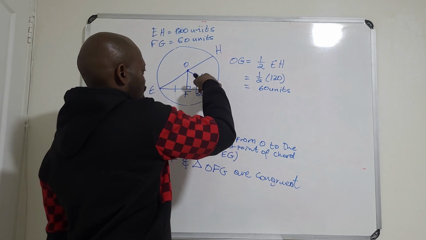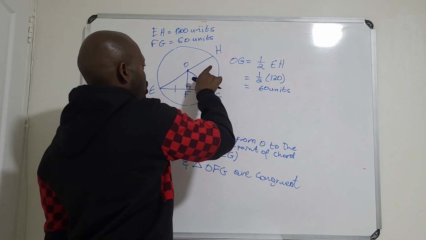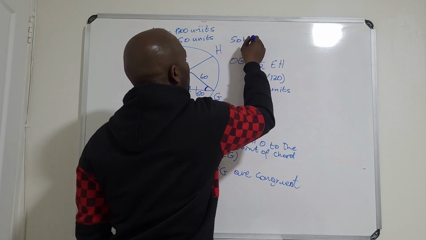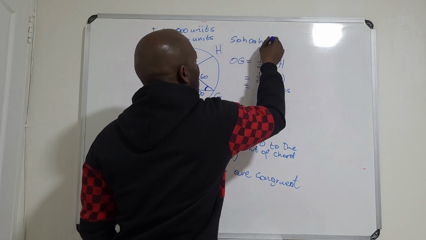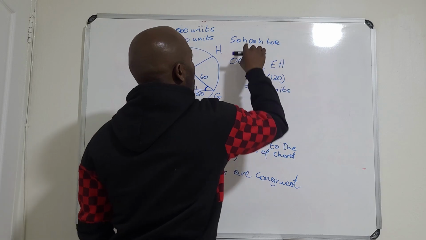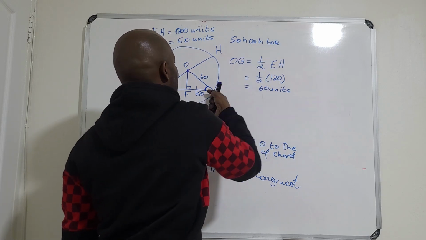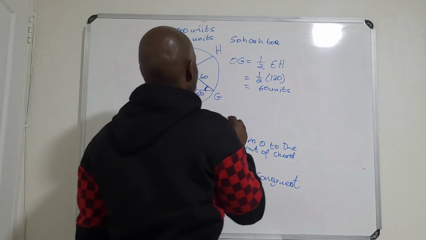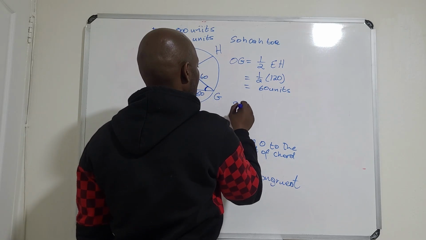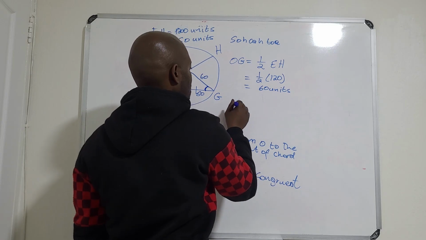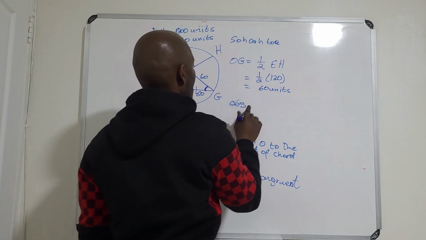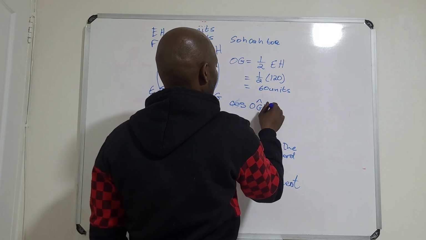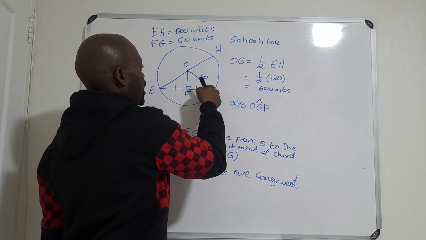Now, we can find this angle since we've got the hypotenuse and we have the adjacent side. Therefore, we can use adjacent over hypotenuse, which is your cos. Cos is adjacent over hypotenuse. Therefore, we're going to say cos of angle OGF.